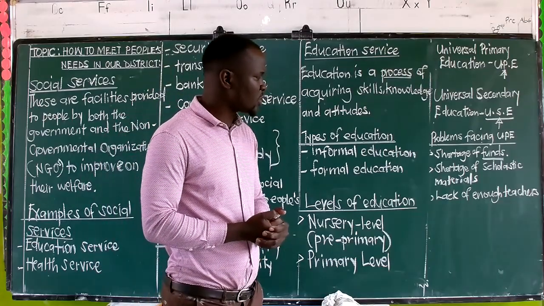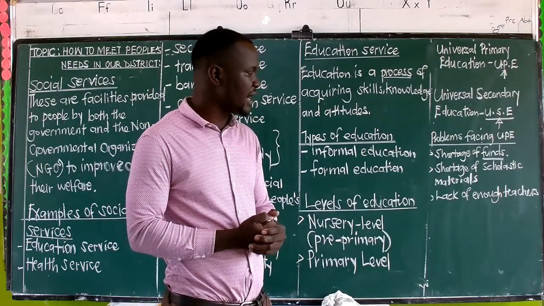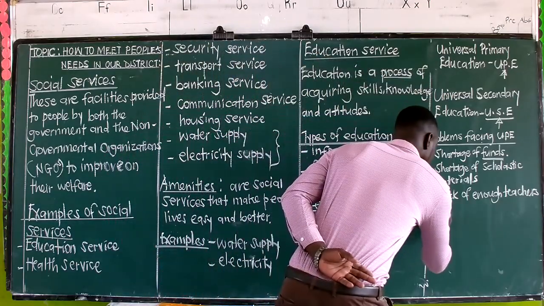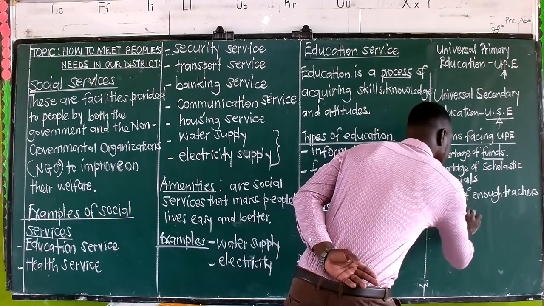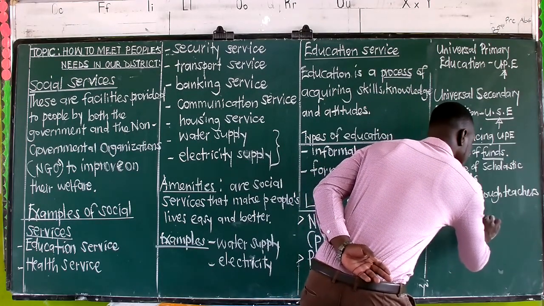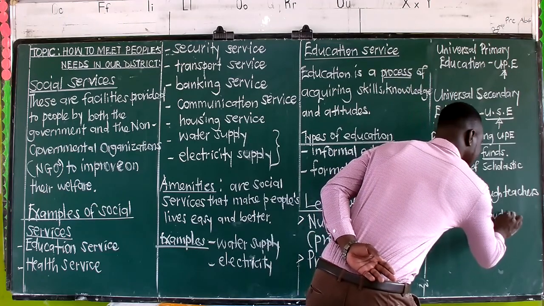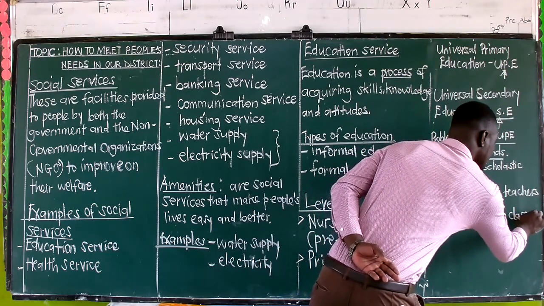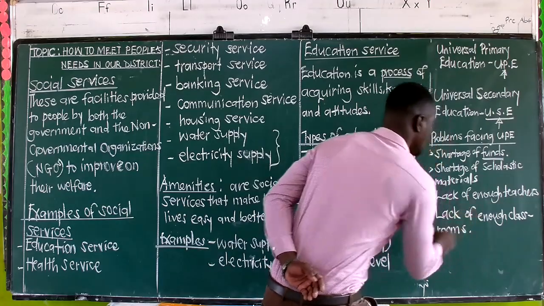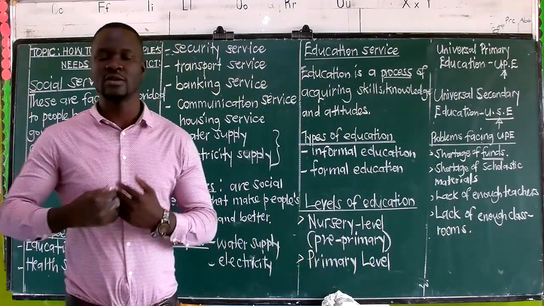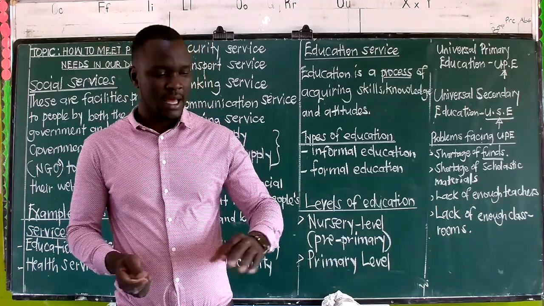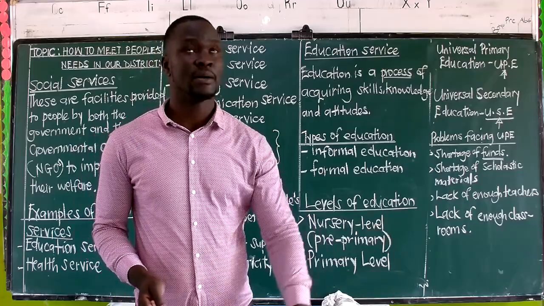Then we also have another problem of lack of enough classrooms. Remember, these children have also to be given where to learn from. In most cases the classrooms are not enough, and as a result some children end up learning outside, maybe under big trees.